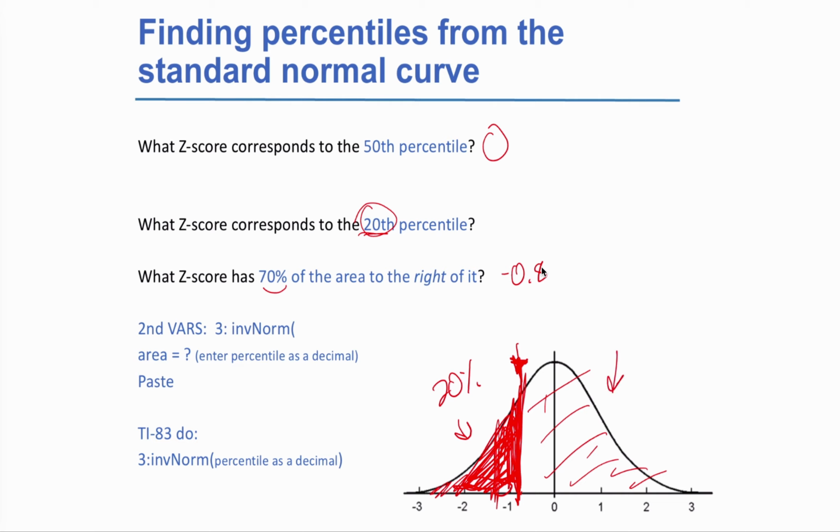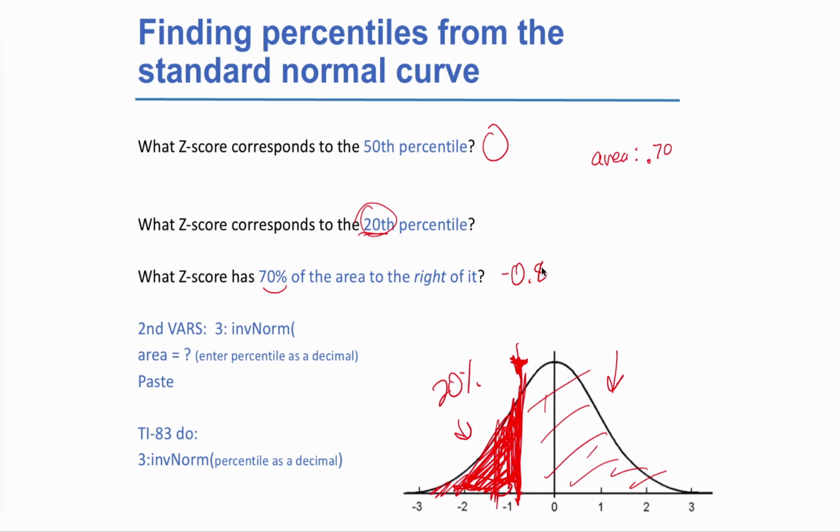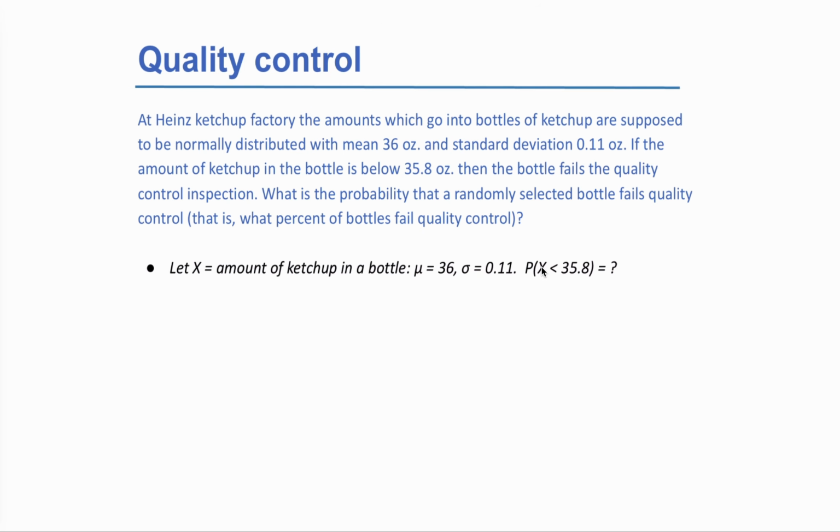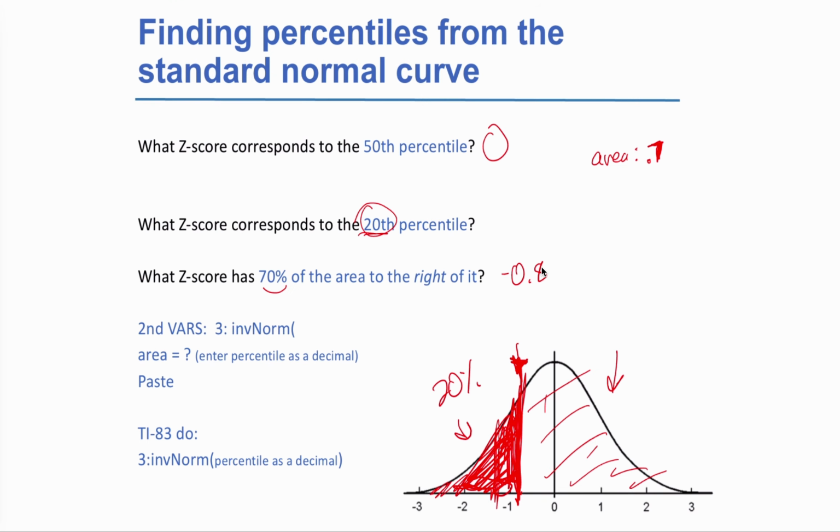If you have a newer calculator, you can just put the area to be 70, or 0.7, and just leave the mean and the standard deviation and pick right. And that would give you the upper area instead of the lower area.